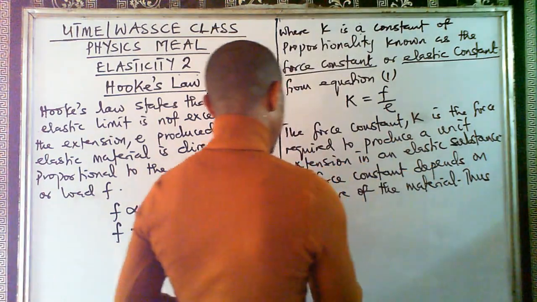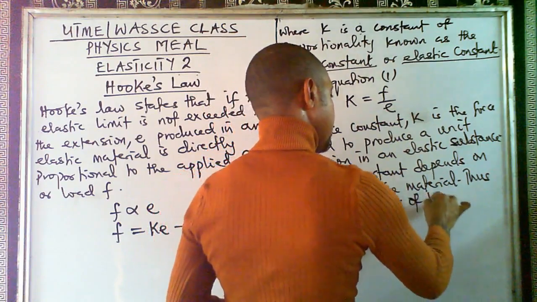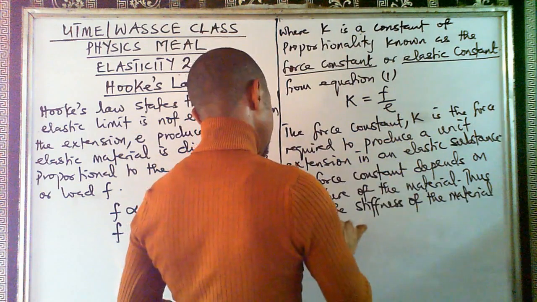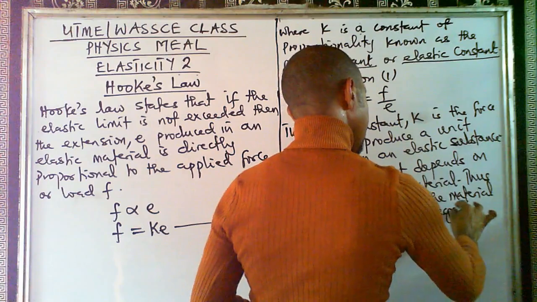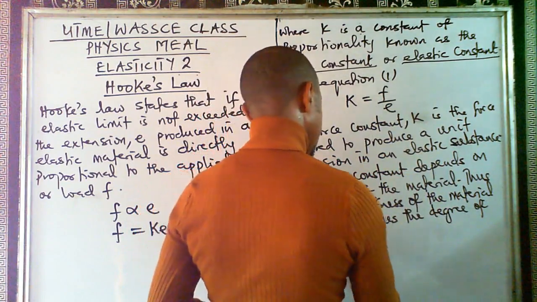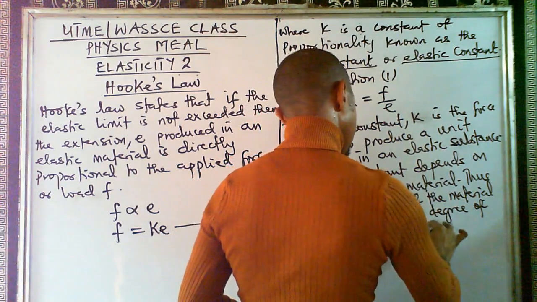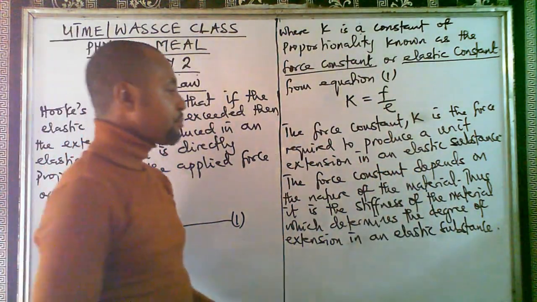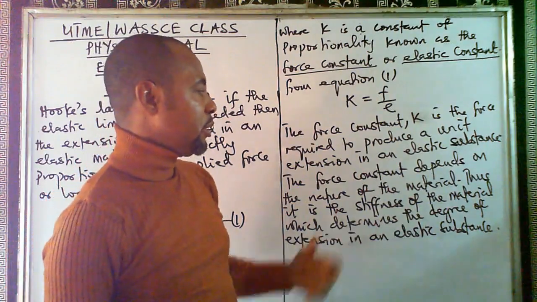Thus, it is the stiffness, the degree of extension in an elastic substance. So the force constant K is dependent on the nature of the material, the nature of the substance. It depends on the nature of the material.